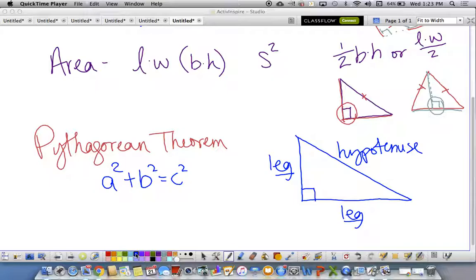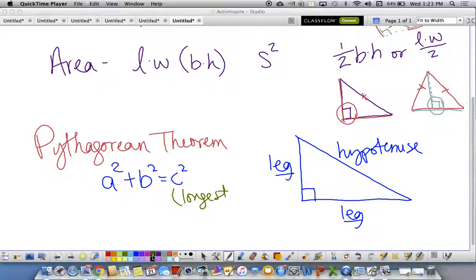Okay? What else is something you know? So we talk about the legs, or where the right angle marks are, we can say they're your base and your height. What else do we know about the hypotenuse? What's special about it? It has to be the longest side. What else? It's always the slanted one.